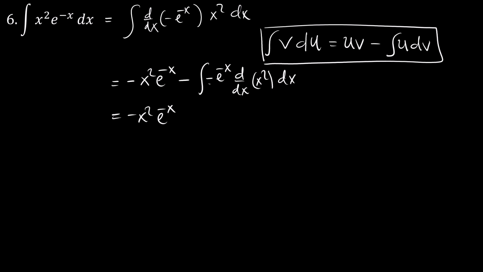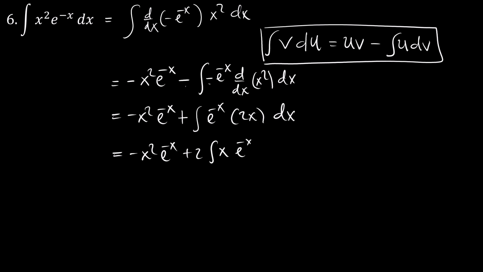This negative and this negative, we have a plus integral e to the negative x times 2x. So we can pull the constant out. And then we repeat the same process where we have the derivative of negative e to the negative x.